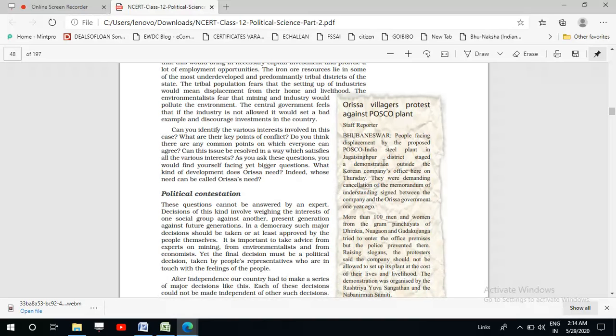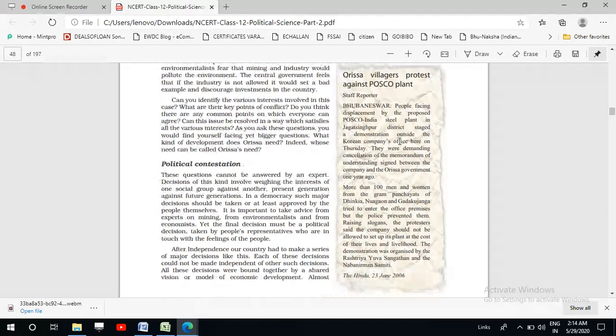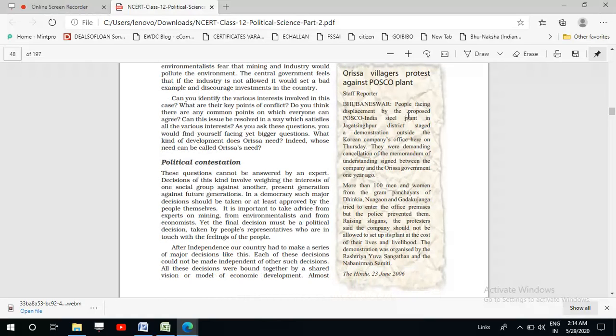Like you can see here, it is an excerpt of the newspaper The Hindu. In this, we see that people facing displacement by the proposed POSCO India steel plant in Jagatsinghpur district staged a demonstration outside the Korean company's office here on Thursday.